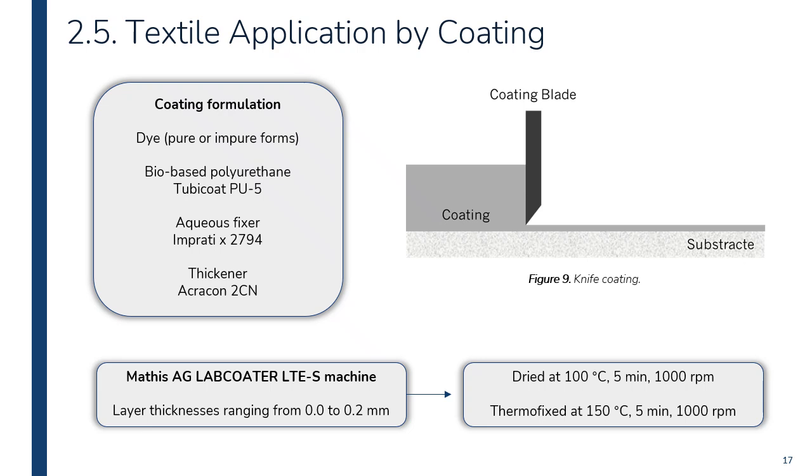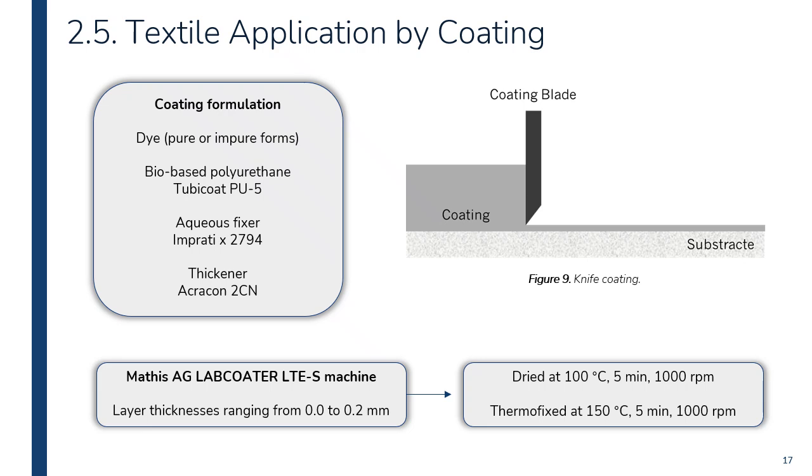In addition to exhaustion dyeing, the application of the dyes by coating was evaluated, which allows controlled deposition of the dye directly onto the fabric surface without immersion. For this purpose, a coating formulation was prepared containing the dye, a bio-based polyurethane, aqueous fixer, and thickener.